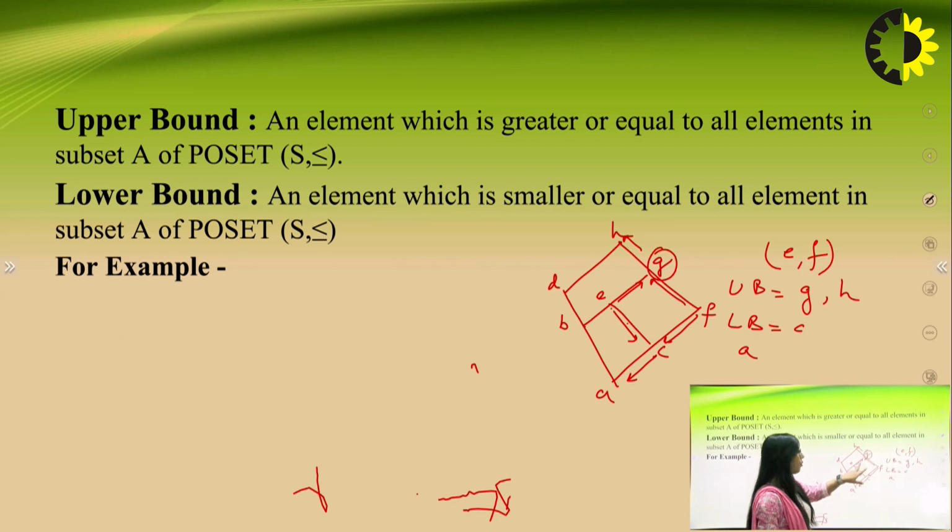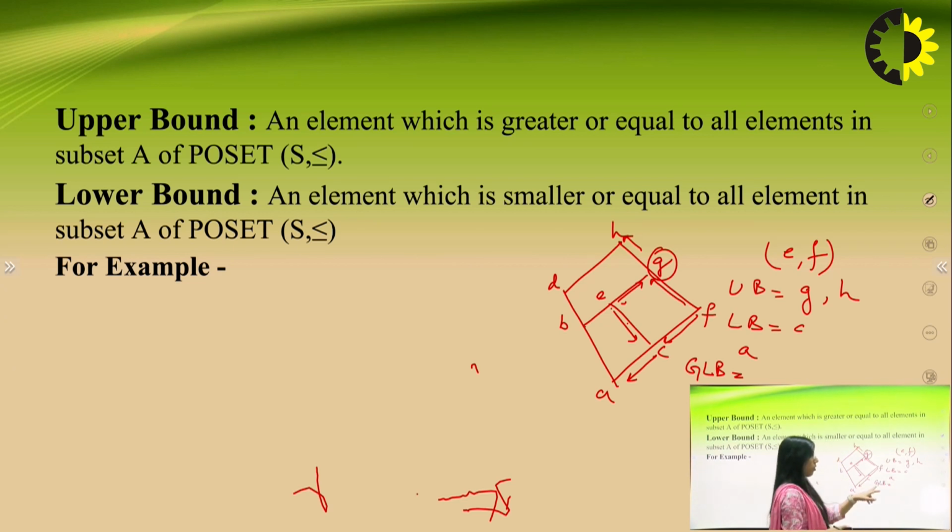What does it mean? For a particular pair, we need to go in the upward direction for the upper bound, and in the downward direction from that pair for the lower bound.